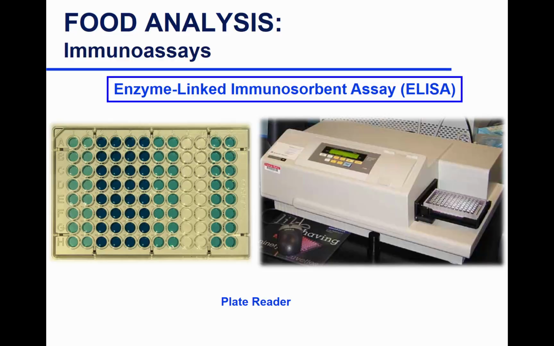So basically, in this type of assay, you can run multiple samples, up to 96 samples in one shot. You add your reagents at a very small volume. Each well can take up to 200 or 100 microliters, depending on the size of the plate.